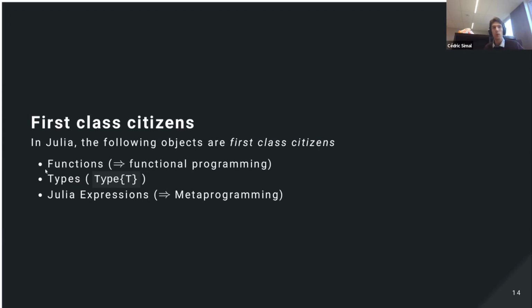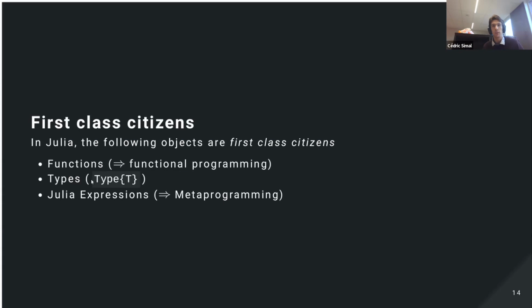For example, in Julia, you can do that with functions. This means that Julia can do some basic form of functional programming because you can return a function from a function, you can write a function that takes a function as an argument, and you can write lambda expressions to get anonymous functions.